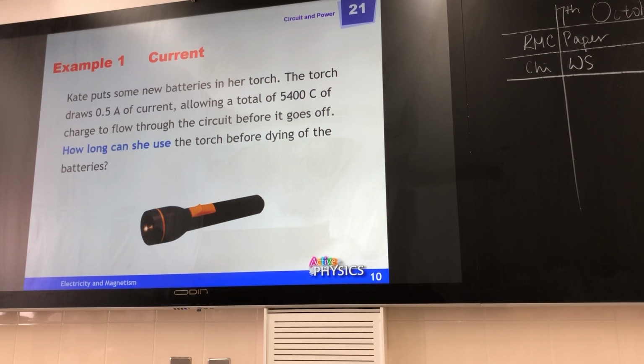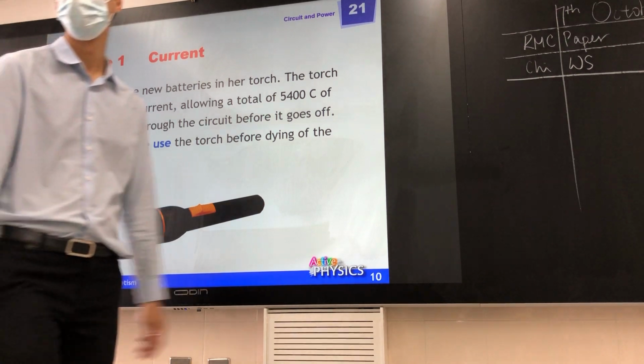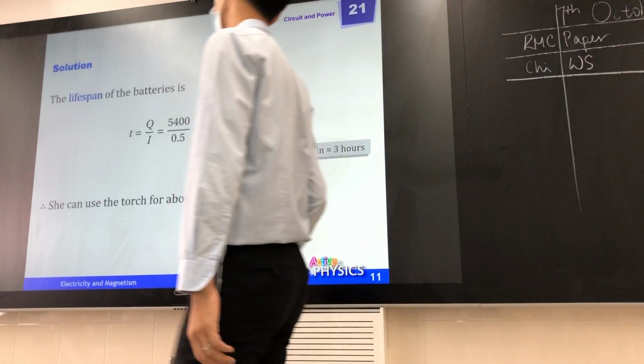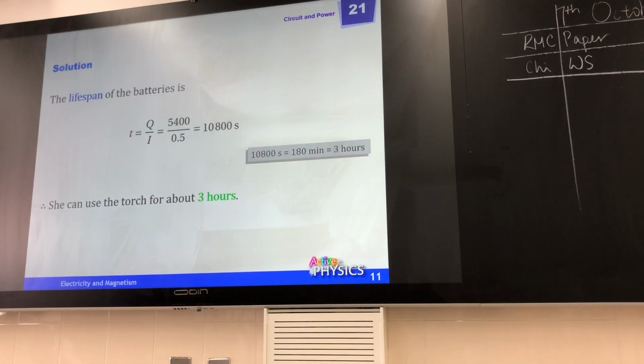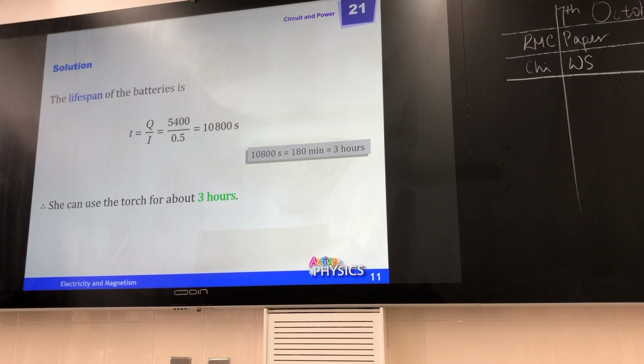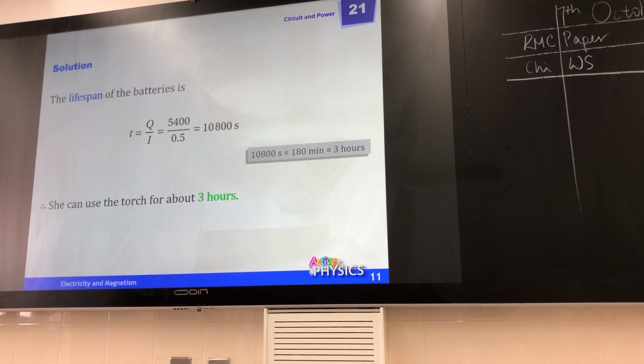Okay, so what's the answer? 10,800 seconds. So how many minutes is that? Okay, so for T, since current I equals to Q over T, right? If you want to find the time, then rearrange the equation.